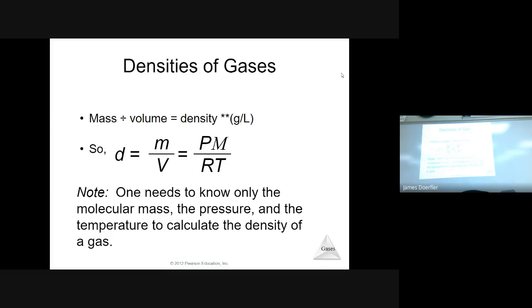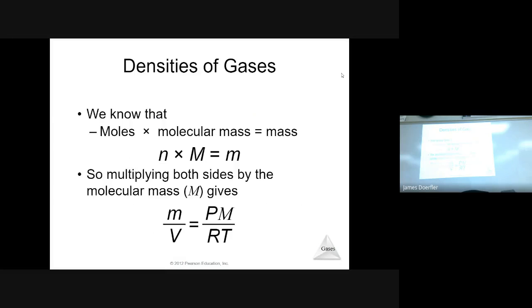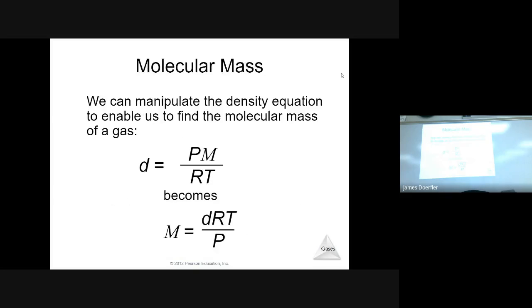Since density equals mass divided by volume, and now we've got mass over volume equals P times the molar mass of the gas divided by RT, that means density has to equal pressure times molar mass divided by RT. So we can actually use the density formula to help us solve for the molar mass of the gas.